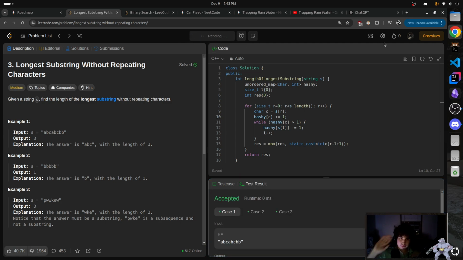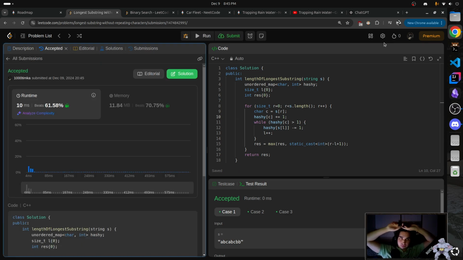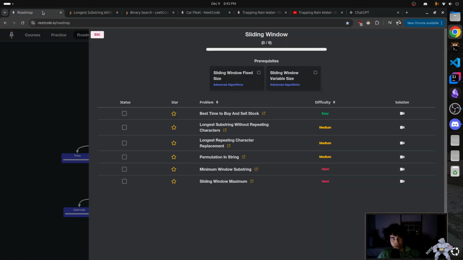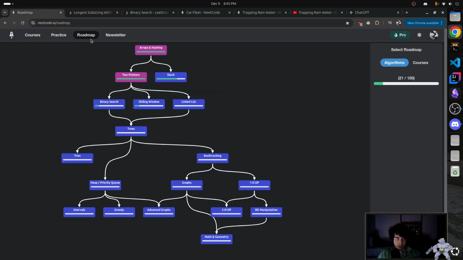There you go. And we stay sliding the windows. Okay. I can be happy with that.